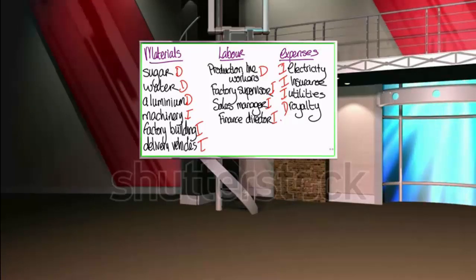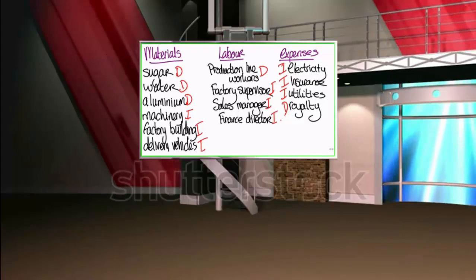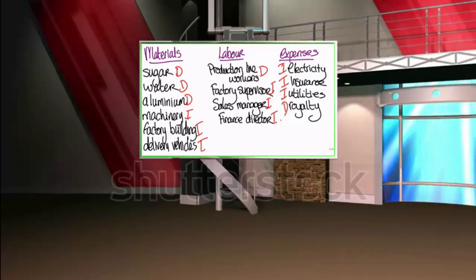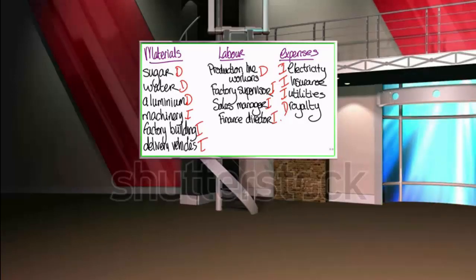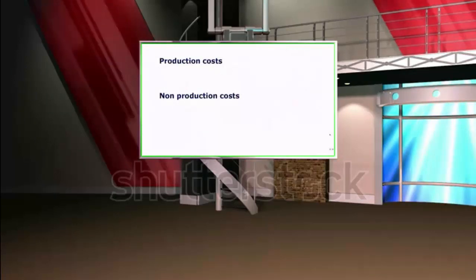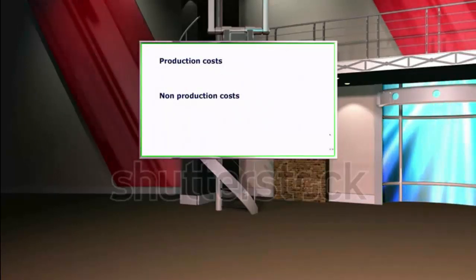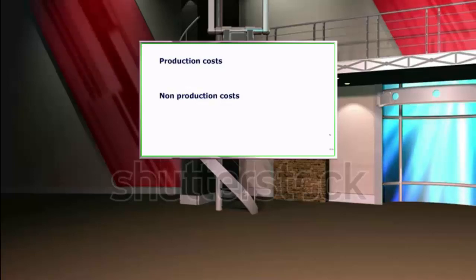So, we've done two of our cost classifications, cost by nature and cost by traceability. The final one for this session is to look at production and non-production costs. Production costs, for F2 purposes, we can consider in terms of our factory environment.